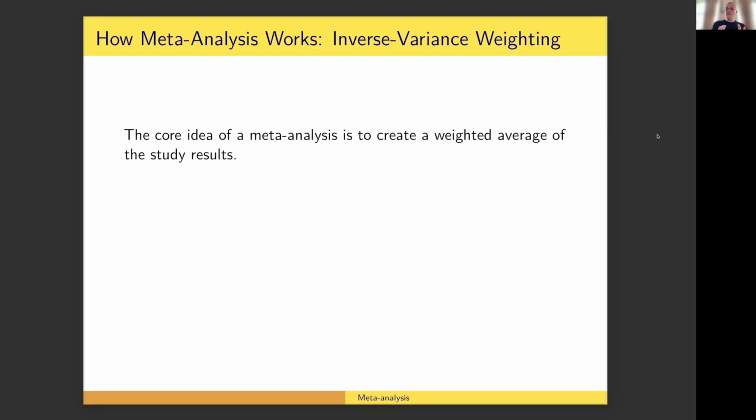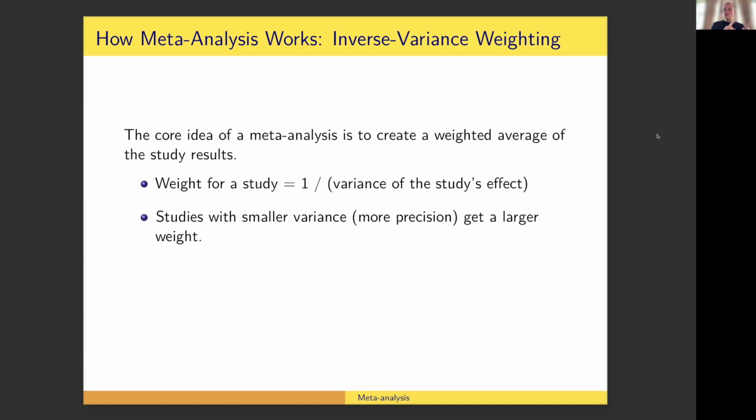So the core idea of meta-analysis is to create a weighted average of the study results. Each study gets a weight, and it's inversely proportional to the variance of the study's effect. What this means is that studies with smaller variance, i.e., more precision, get a larger weight.